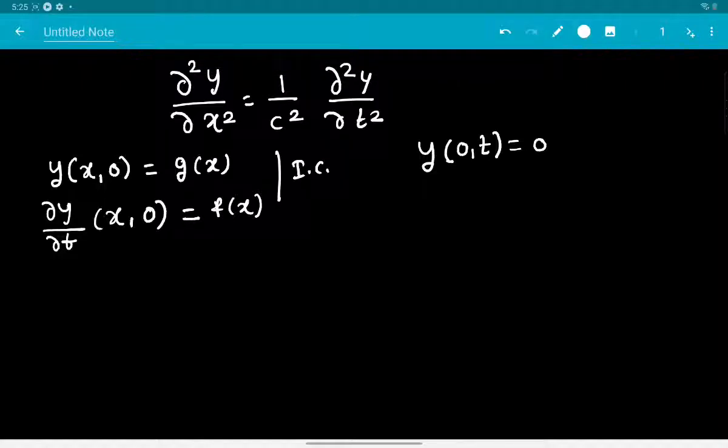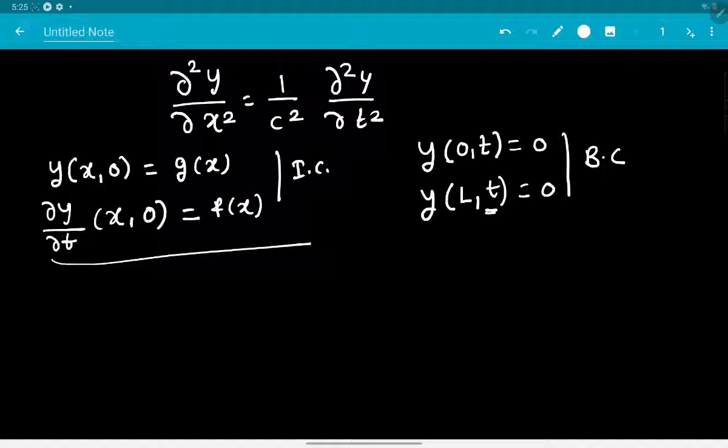On the other hand, on the right hand side, where the length dimension is equal to L, at x equal to L, y should always be equal to 0, that is, for all time t. So these are two boundary conditions, and those are two initial conditions.